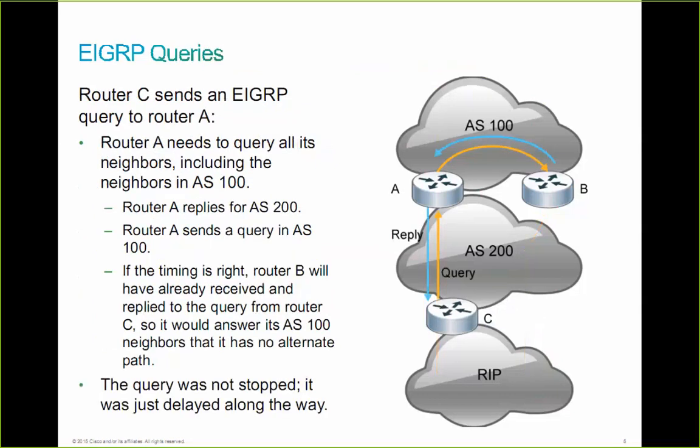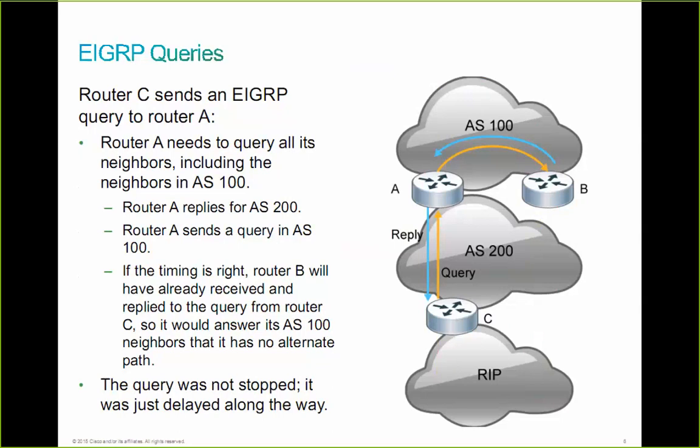Here we see, if router C sends, in this case, an EIGRP query to router A, router A needs to query its neighbors. Well, router B is one of the neighbors, right? So router A sends a reply back to router C because it has no other neighbors in AS200, but it does have a neighbor in AS100.